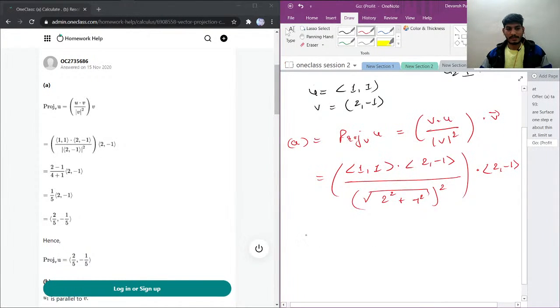In the case of the dot product, we multiply 1 with 2, so I'll get 2, and we multiply 1 with negative 1. This will be 2 squared is 4, plus 1, 5. So square root of 5, squared. This will be 2 comma negative 1.